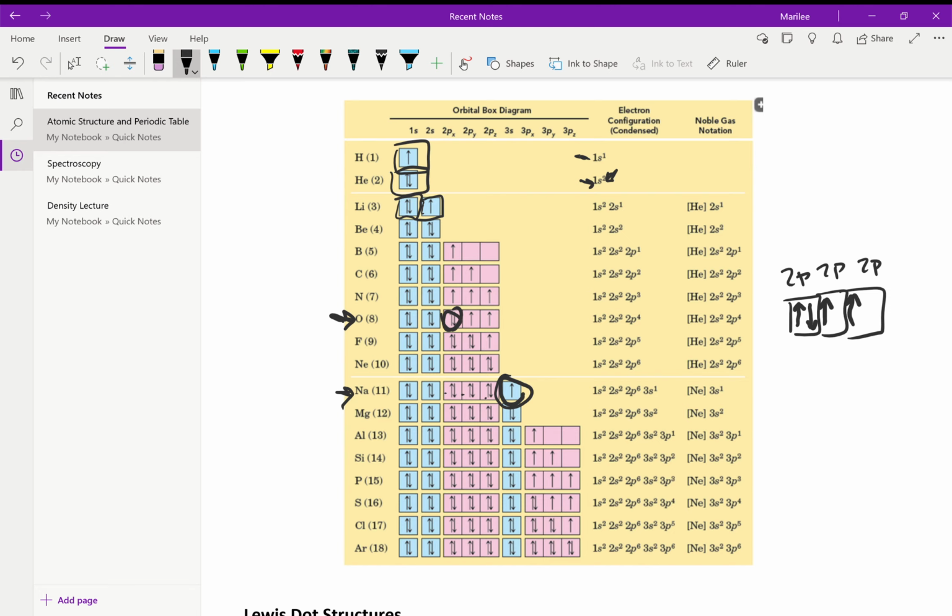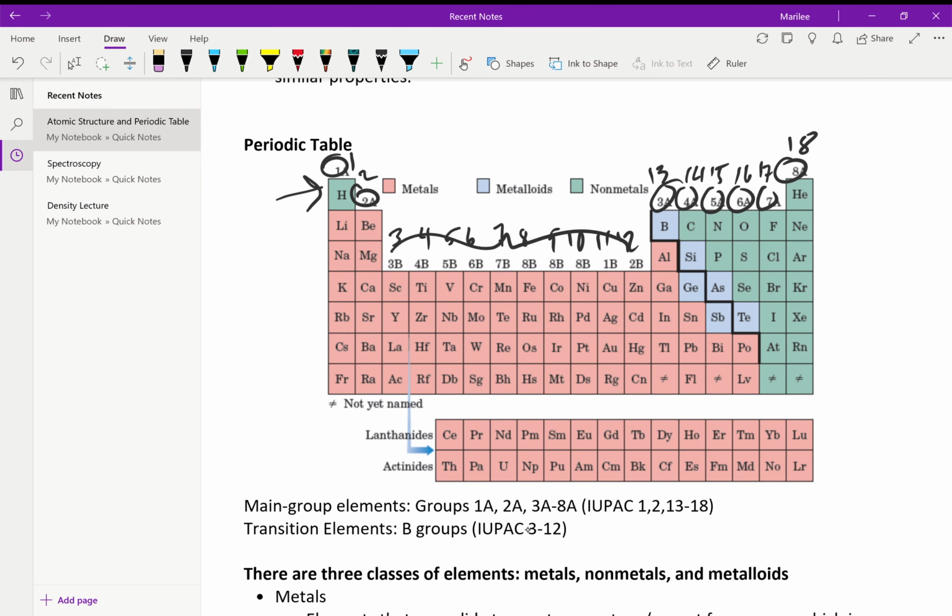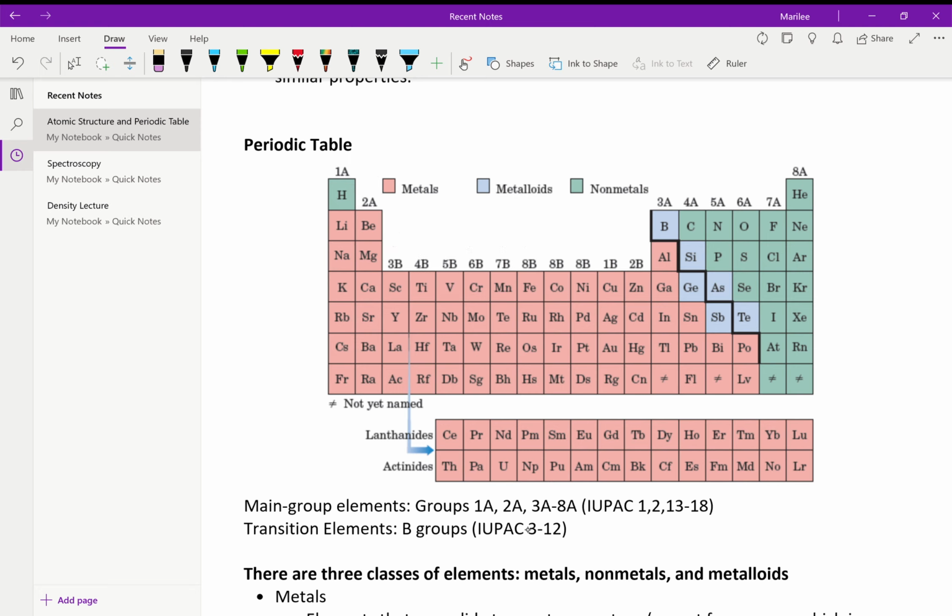One more thing I want to go over here is the noble gas notation. When you look on the periodic table here, let me clear this out for you guys. So we know helium has 2 electrons, right? When we get to lithium, which has 3 electrons, instead of saying lithium is 1 plus 2 plus 3, we can say lithium has the same configuration as helium plus 1, right?